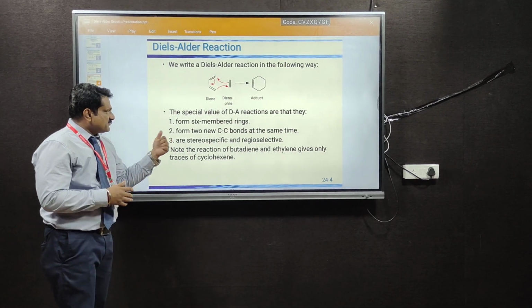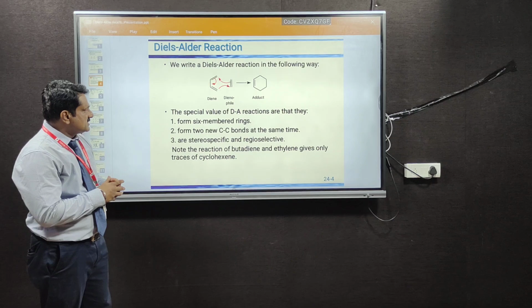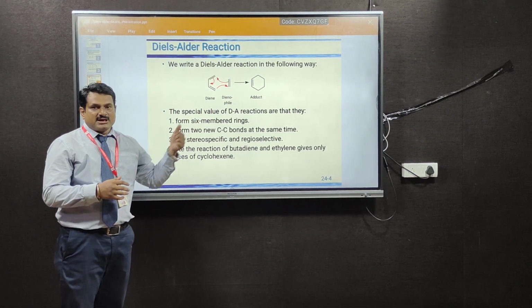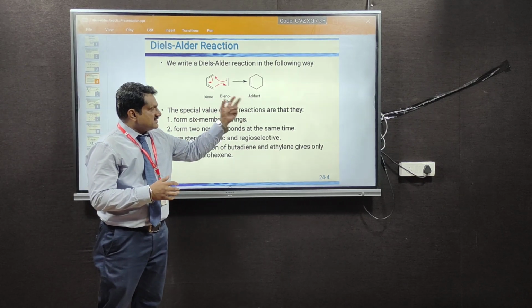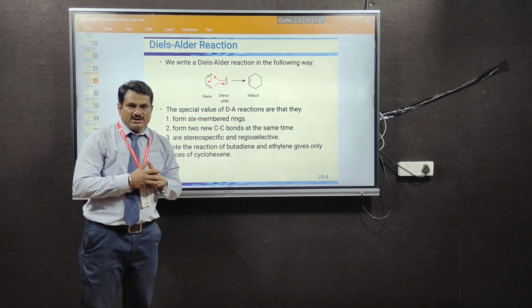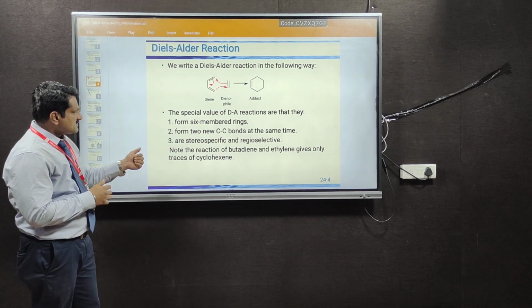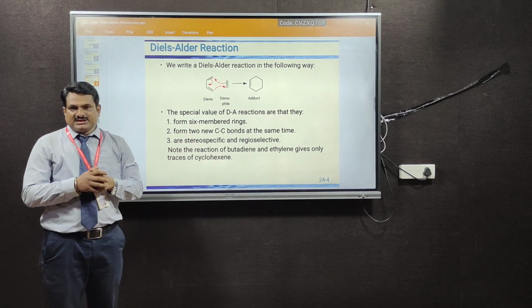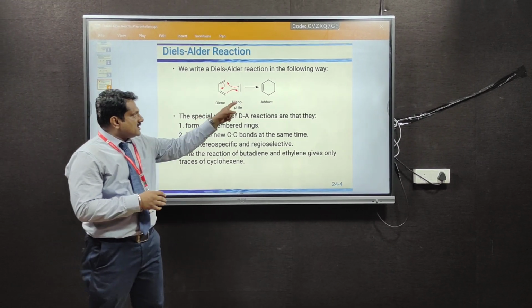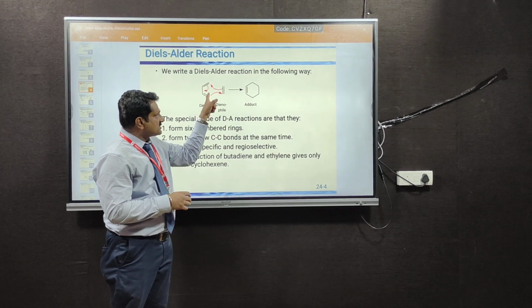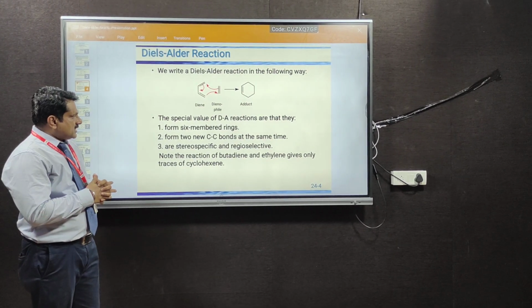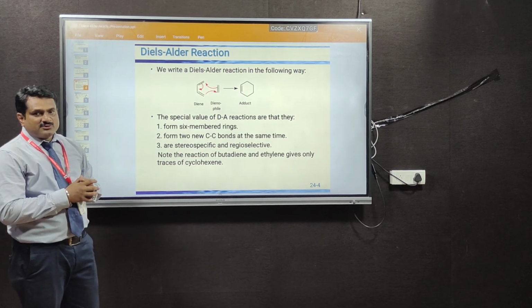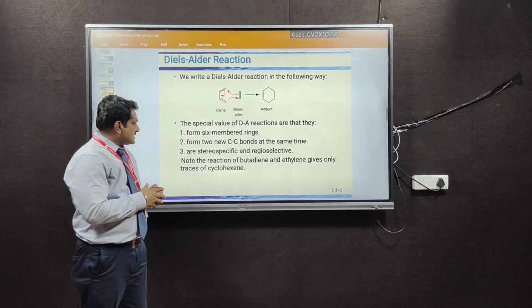We can easily form a 6-membered ring in the product. We form C-C sigma bonds in place of pi bonds, which is also a good achievement of the Diels-Alder reaction.